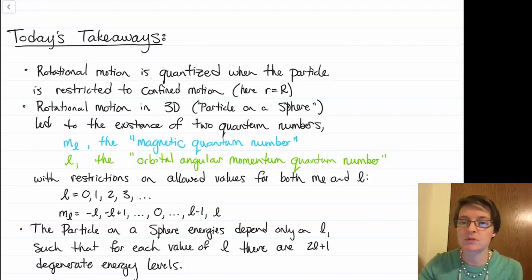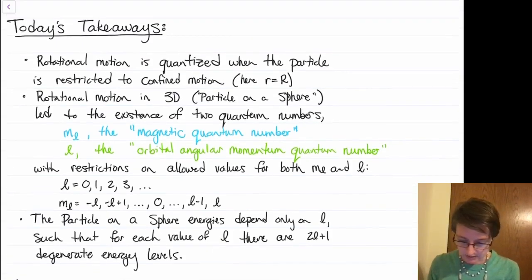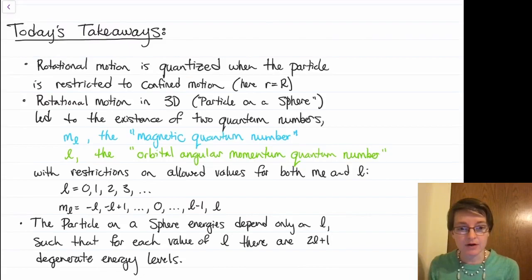So my takeaways are that when we talked about rotational motion, it is quantized because the particle is restricted to a particular radius of the ring that it can travel around, or a particular radius of the spherical shell that's available to it.